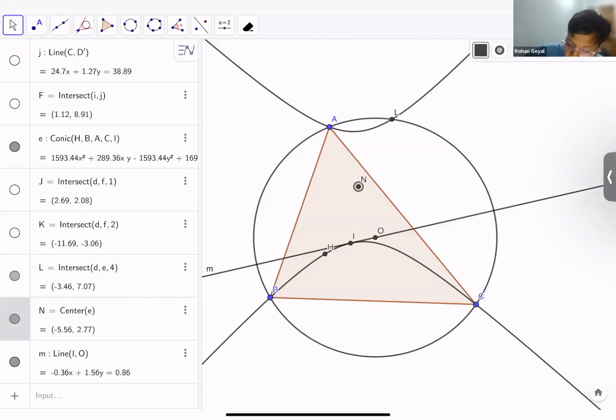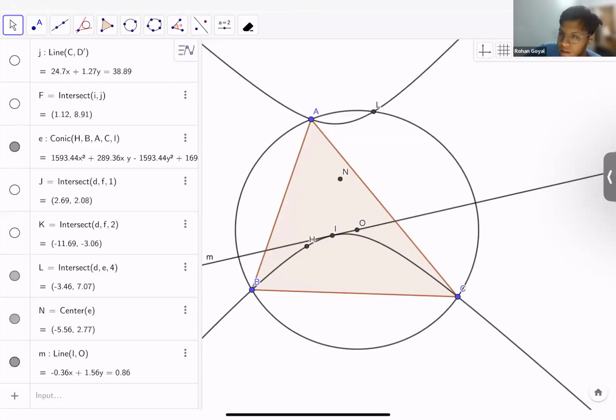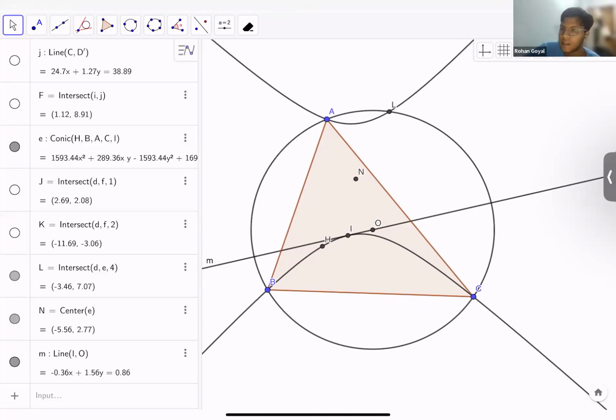Now this center of this hyperbola is called the Feuerbach center. You might have heard of it. Or like the Feuerbach point of triangle ABC. So can you try to see why the incircle and the nine-point circle of triangle ABC touch?